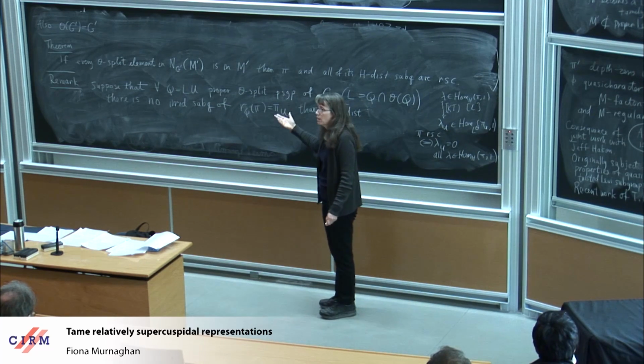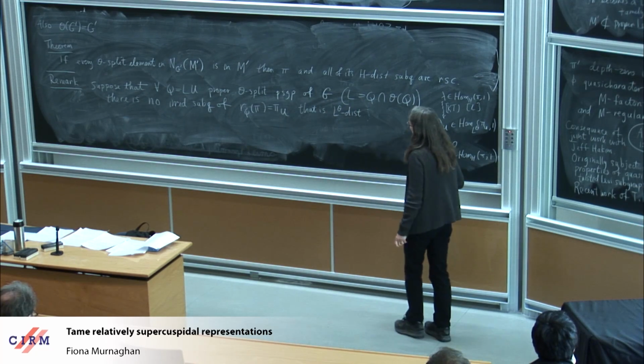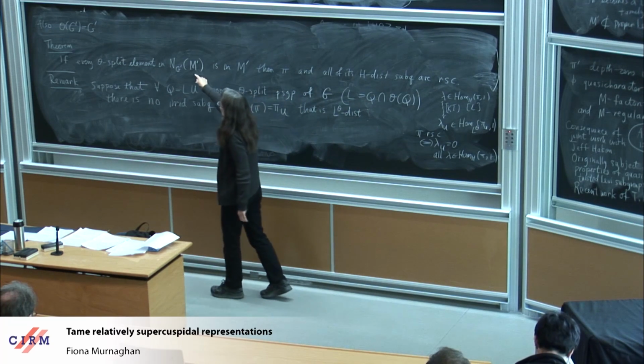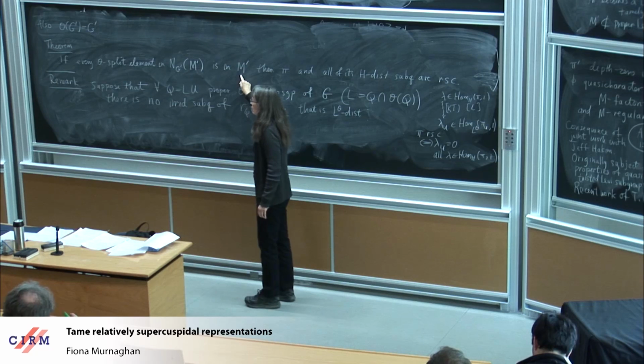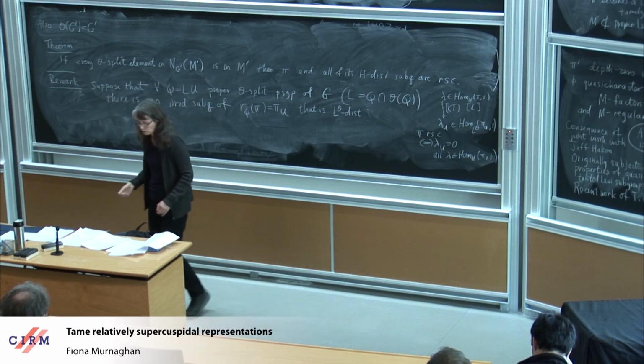You can't use the geometric lemma, because it will only help you with the actual Jacquet module or quotients of it. If you're interested in subquotients, you have to use inertial support and its properties. Although it's not obvious why, this guarantees that. So this is one condition, but it's not as general as it should be.